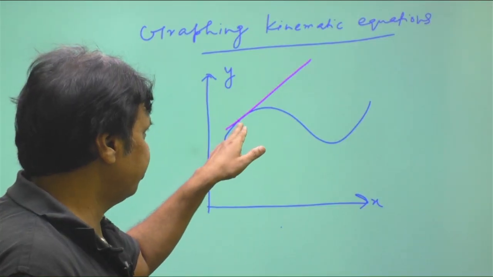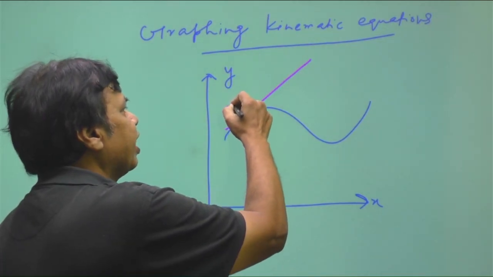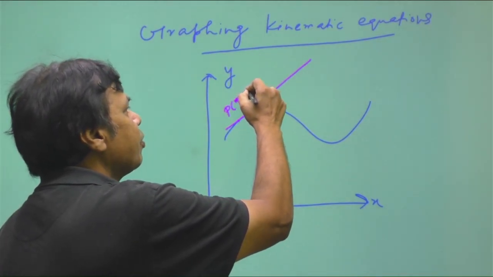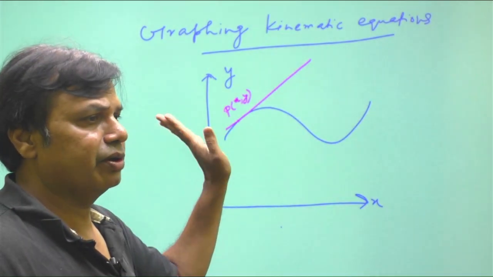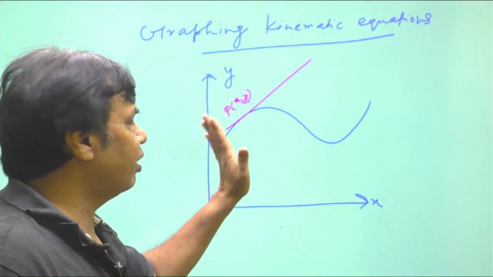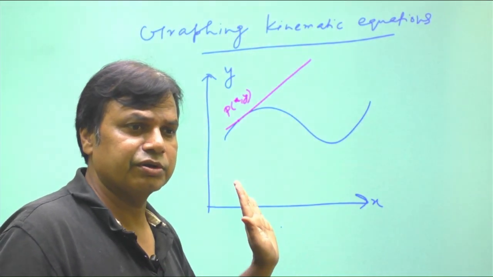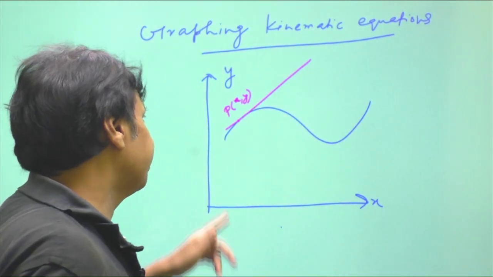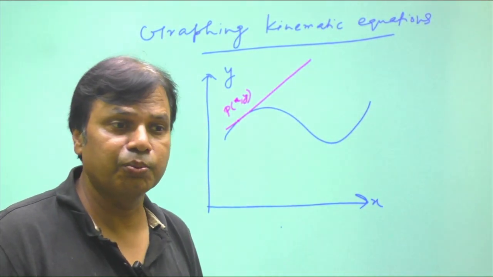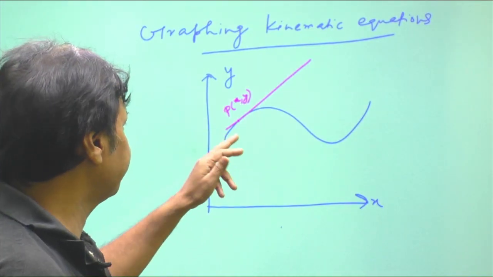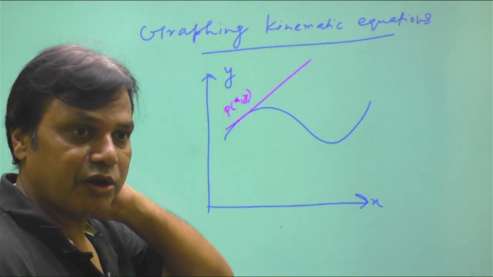Suppose you want to draw a tangent at this point, let's name it P(x, y). Then you can take a point just after point P, or a point just before point P, and join them, and you will get a unique line, because you always need 2 points to draw a line. That line is called the tangent.